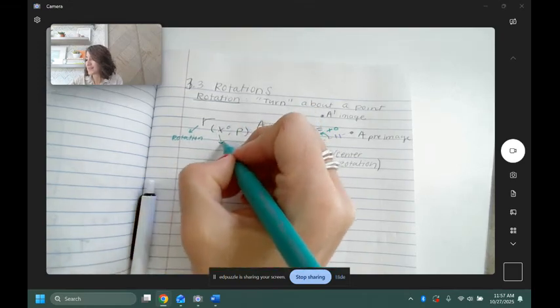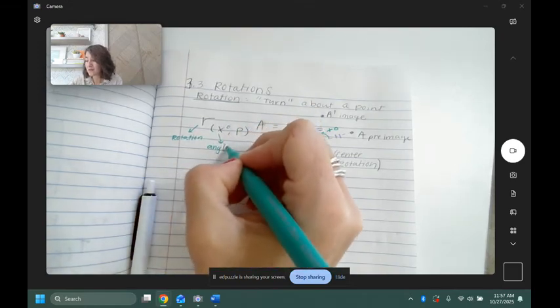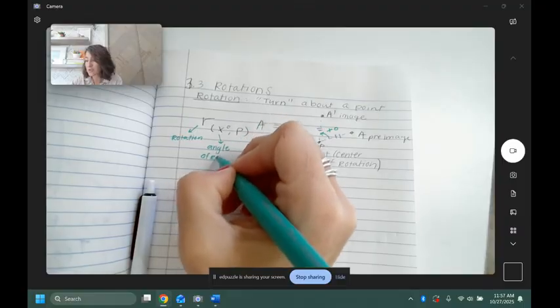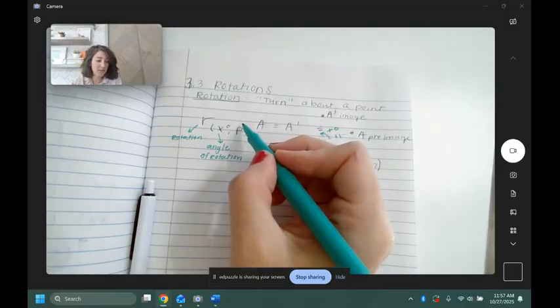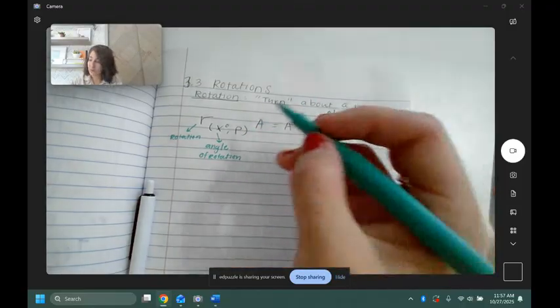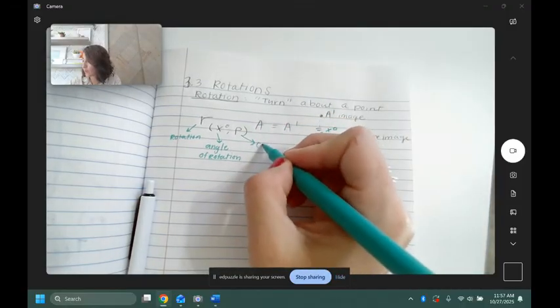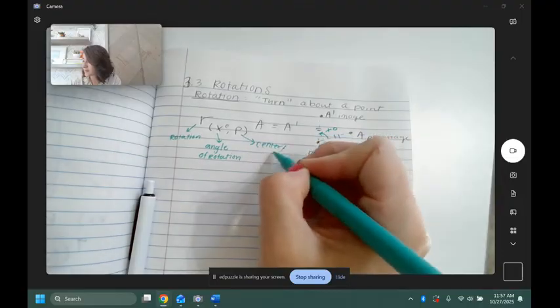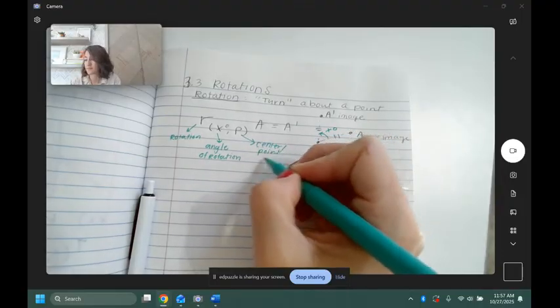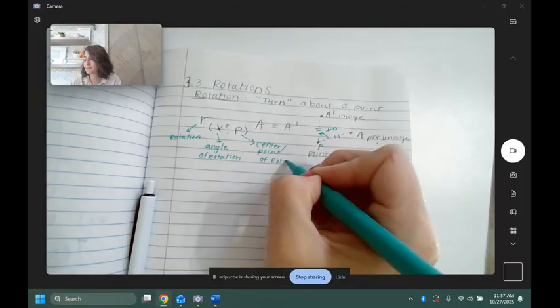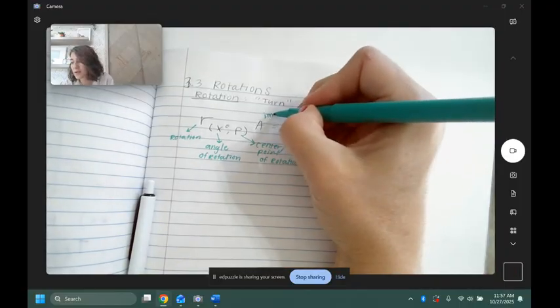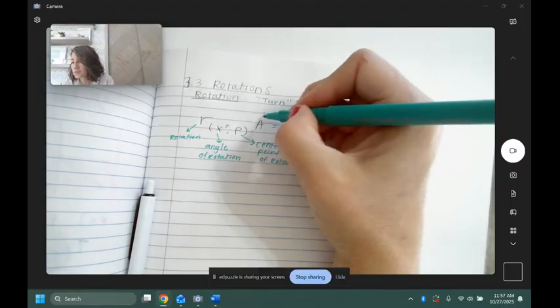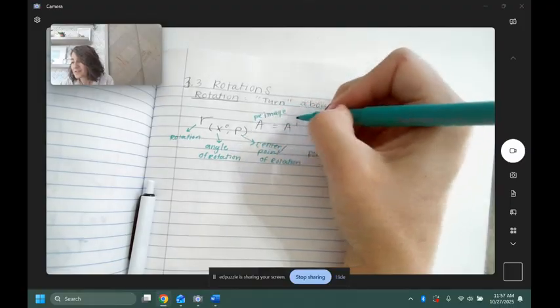This one is the angle of rotation. And then this here is going to be the center or point of rotation. And these always are going to be the same here: your pre-image, and your image.